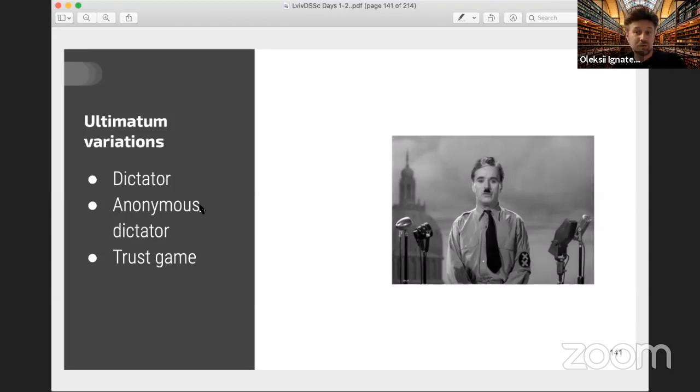Maybe people want to take everything for themselves, but they're afraid that they would be known for this, so they put a special wall between them. And in Anonymous Dictator, people actually take for themselves, but 5% of people, even in Anonymous Dictator, propose a 50-50 split. It's like the experimental percentage of altruism in the game.